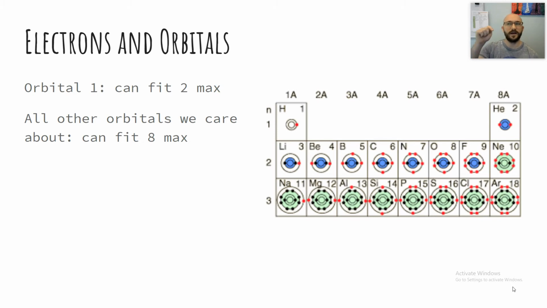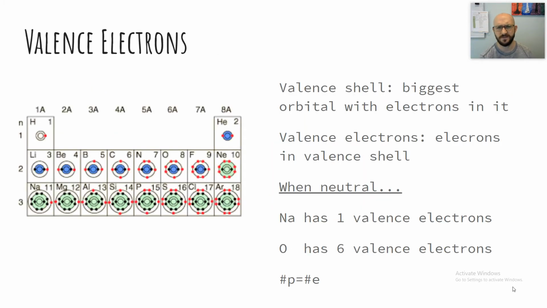So you start by filling up orbital 1 with 2. Then you fill up orbital 2 with 8 total. Then you start filling up orbital 3 with 8. All right, now we got some names for these things. Whichever orbital has electrons in it and is the biggest, we call the valence shell.